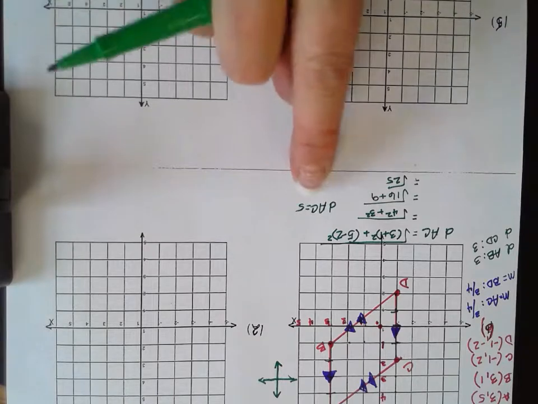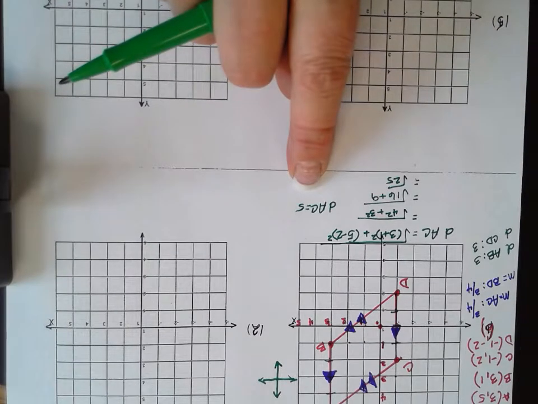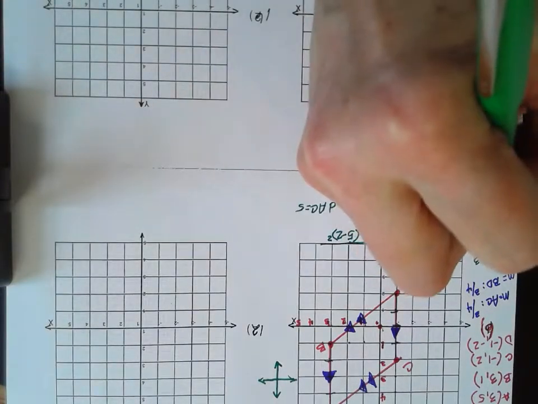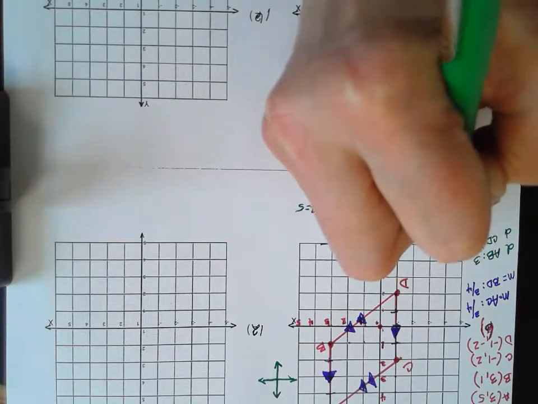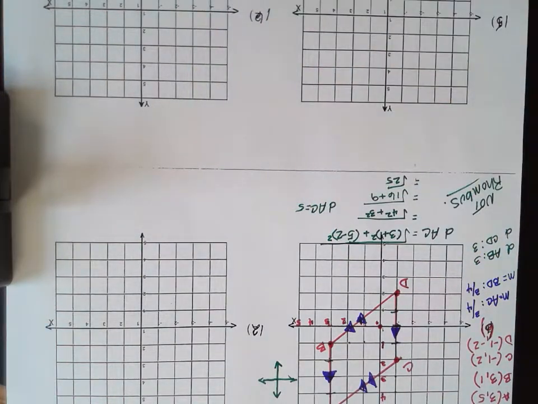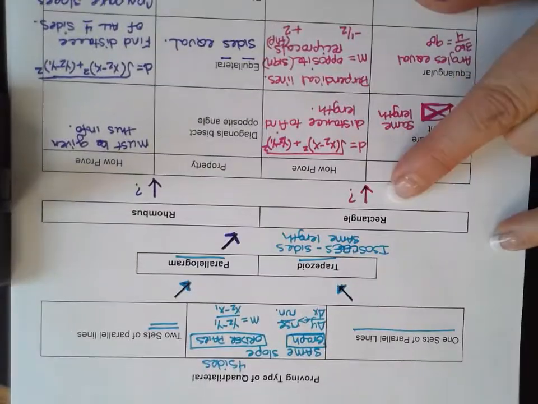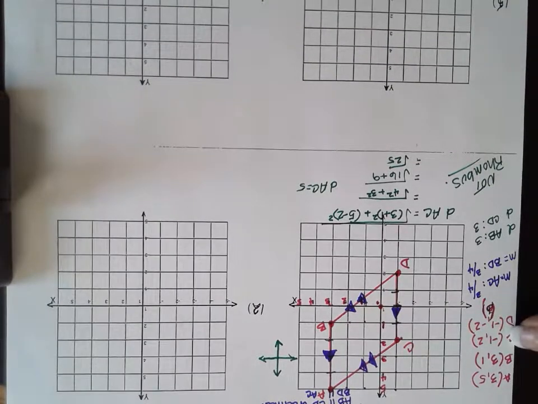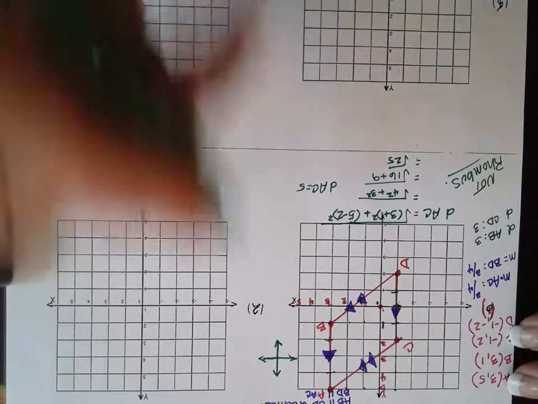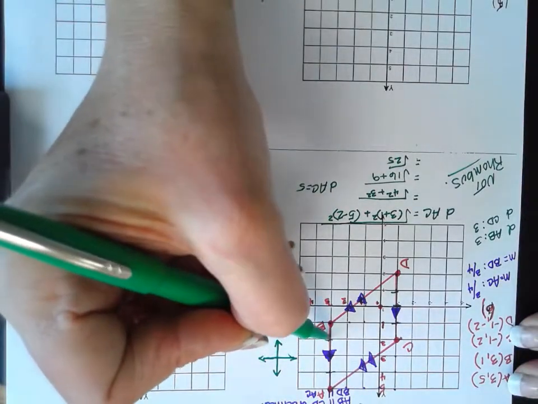Now, do I need to find the distance of BD at this point? It's not a rhombus. Okay, I'm confused because for AB, you said 3, isn't it 0, 1, 2, 3?